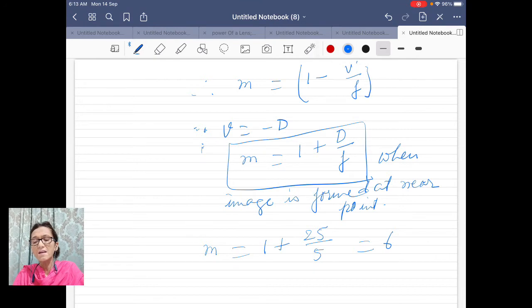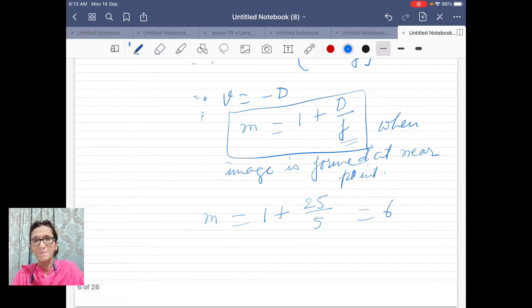If you further reduce the focal length, like you change the focal length to 1 centimeter, because the smallest focal length a converging lens can have is nearly 1 centimeter, in that case the magnification will become 26 times. So magnification depends on focal length.